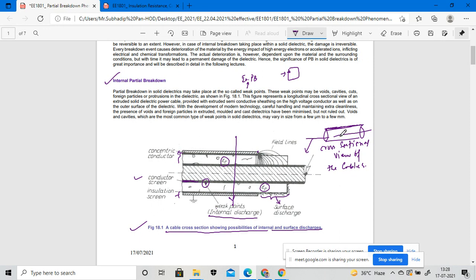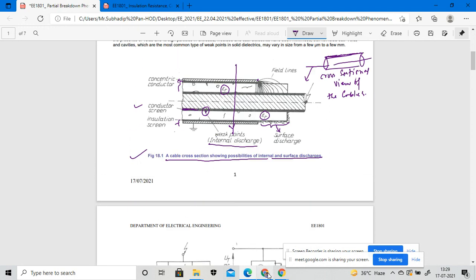And due to the damage, a huge amount of surface discharge and internal discharge will occur in the cables. So we need to check these things. Okay, so this will be the cross sectional view of a particular cable, and how the internal and surface discharge occur inside the cable. That we will see in this particular figure, right?